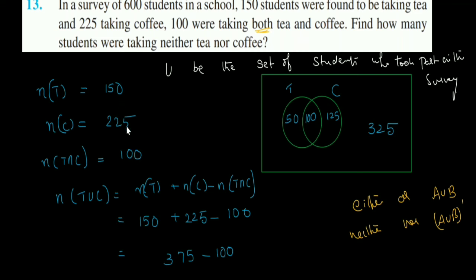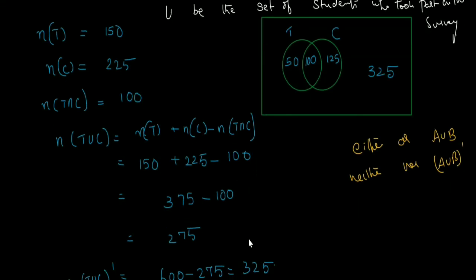What is N of C? 225. What is N of T intersection C? 100. So 150 plus 225, that is equal to 375 minus 100. That is equal to 275. That is N of T union C is 275.